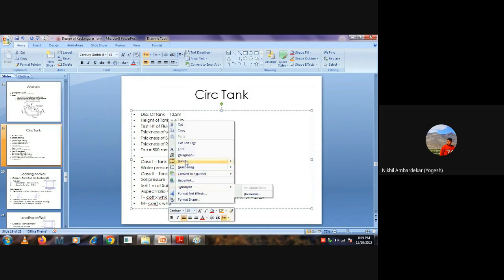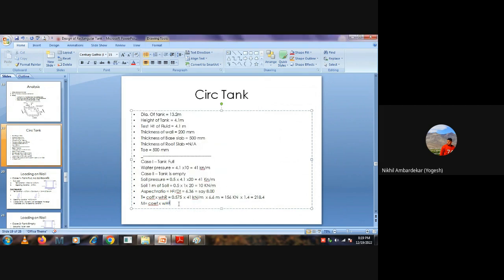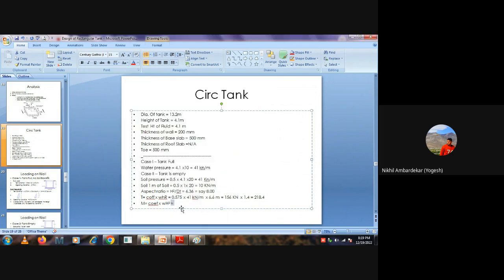Meanwhile, I will try to. 0.038 into WH, which means 41, into H square.